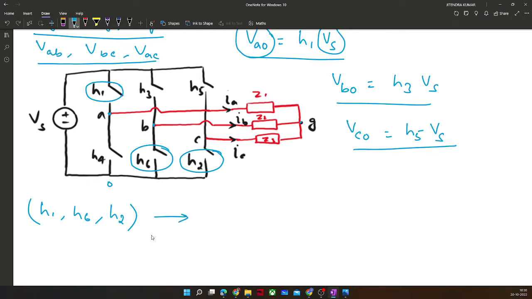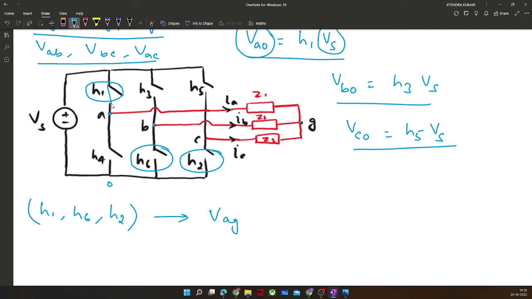If they are conducting, we can say the upper leg switch is from only the A phase, and two lower leg switches are conducting. Means there will be conduction on VAG.